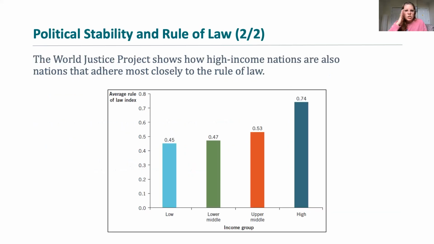The World Justice Project, which is a really cool thing, you should look it up, shows how these high income nations are also nations that most closely adhere to what we refer to as the rule of law. So basically it's positively correlated with levels of income. Countries that are of upper middle or high income groups also tend to have a very high rule of law index.